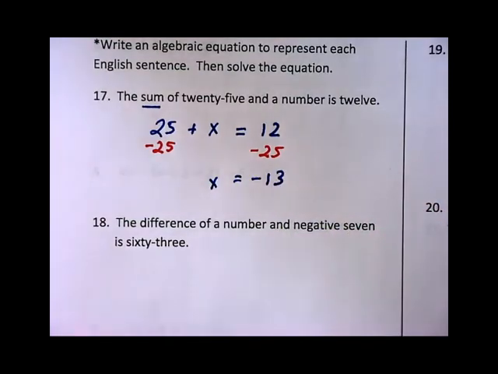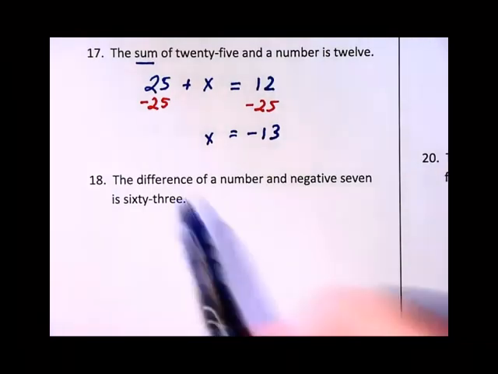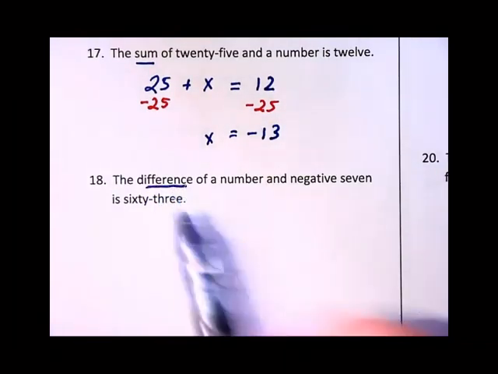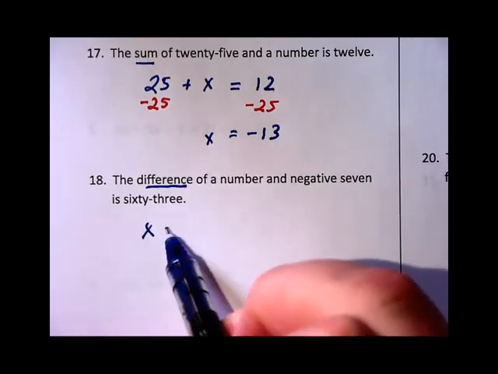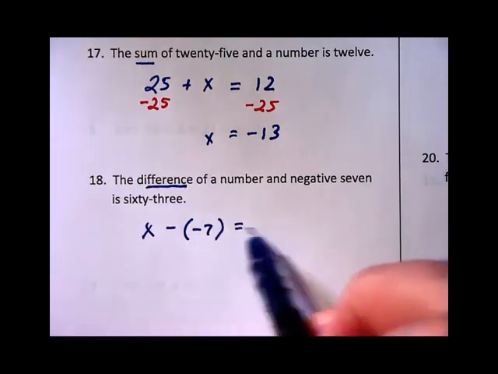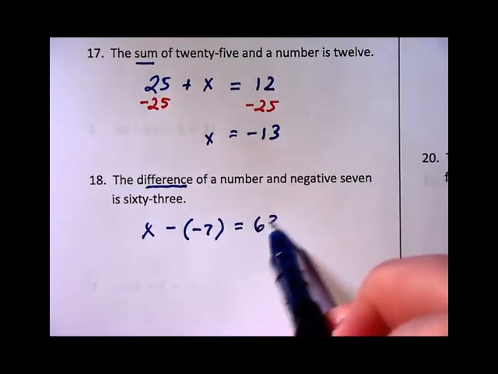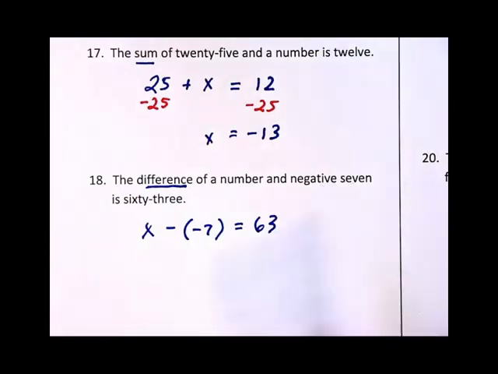On this next problem, the word difference refers to, yep, you got it, subtraction. The difference of a number, x, and negative 7 is 63. Now that one was a little bit tricky because there's a difference referring to subtraction and then there's a negative 7, so I really don't want these two negatives touching each other, so I've used parentheses.